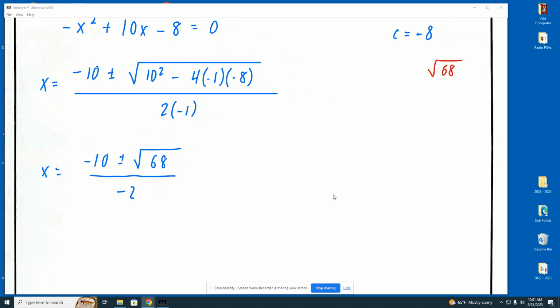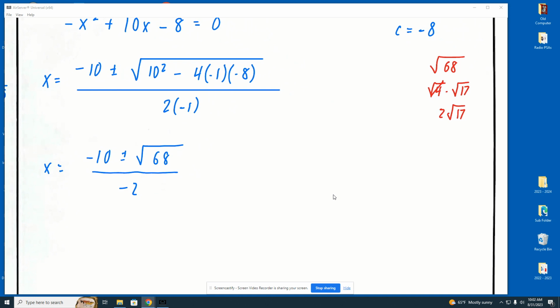Will 4 go in there? 4 goes in there how many times? 17. And again, 17 is prime, so we know that's the last thing we could have done. So 4, being a perfect square, breaks out as a 2. The 17 stays trapped inside. So we rewrite this as negative 10 plus or minus 2 square root of 17 over negative 2.